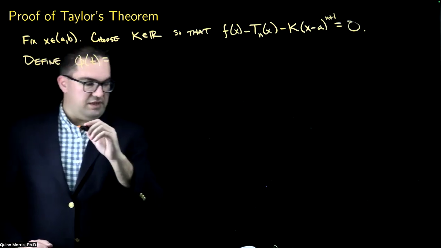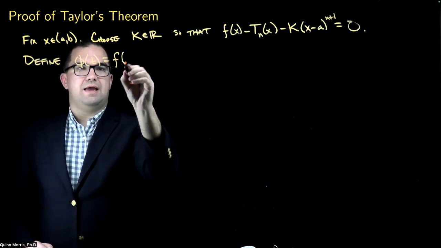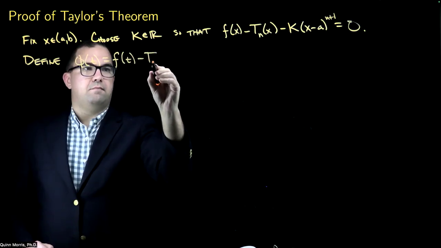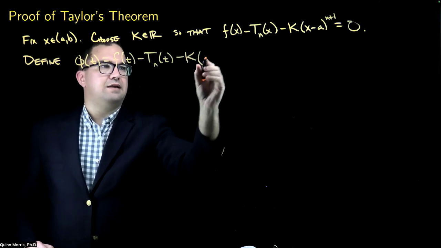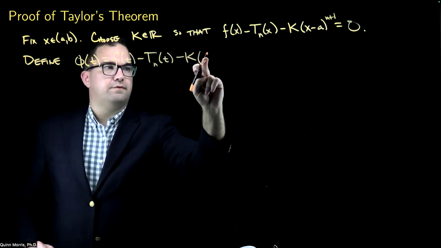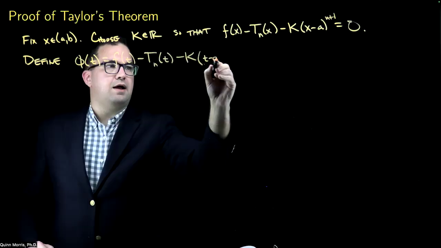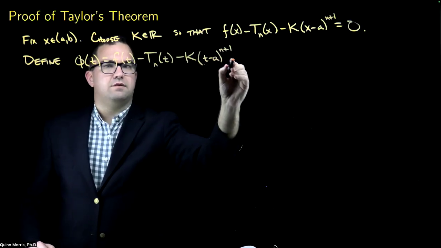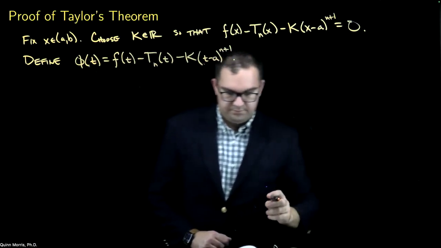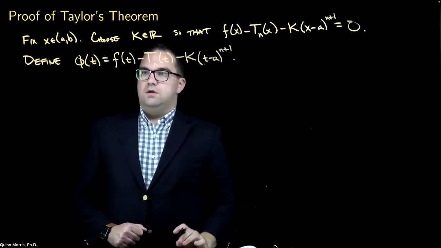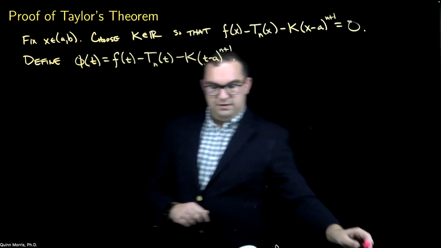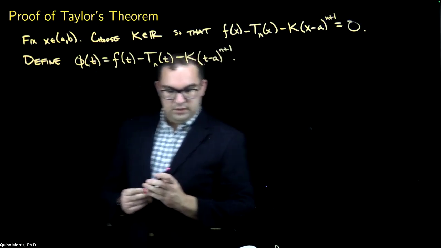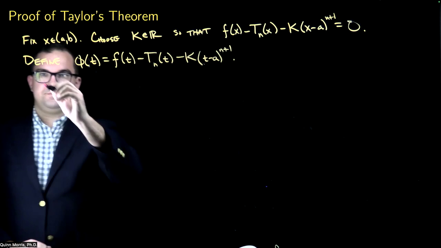So I'm going to define phi of t to be f of t minus T sub n of t minus K times (t minus a) to the n plus 1. Now, let's observe a couple of properties of phi.